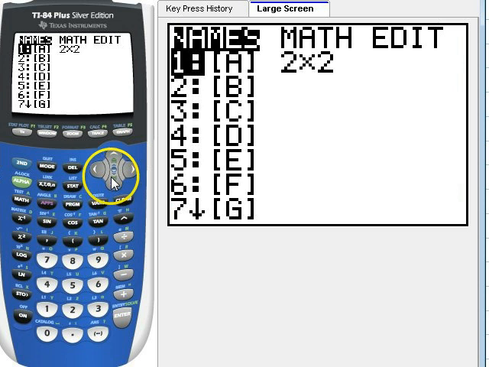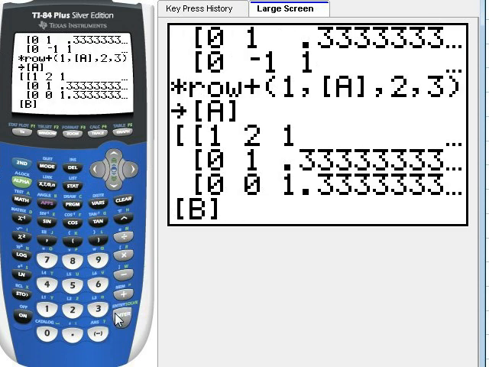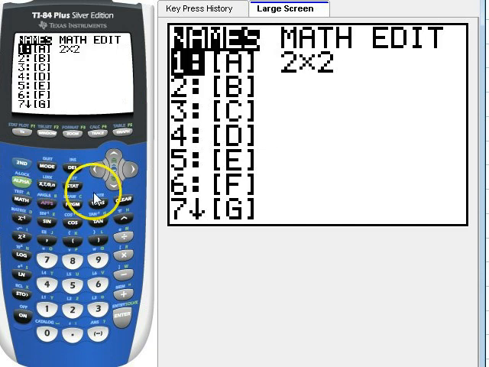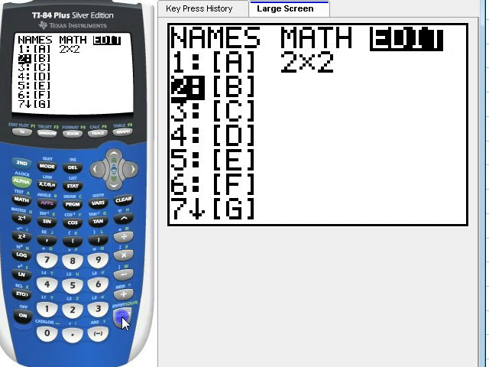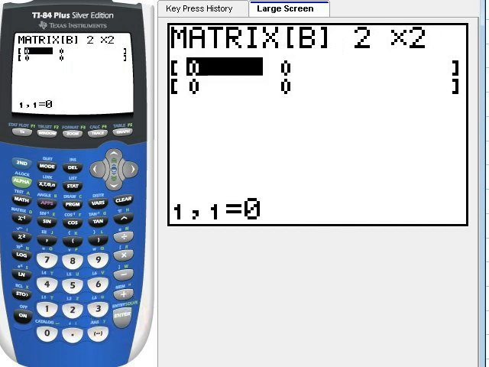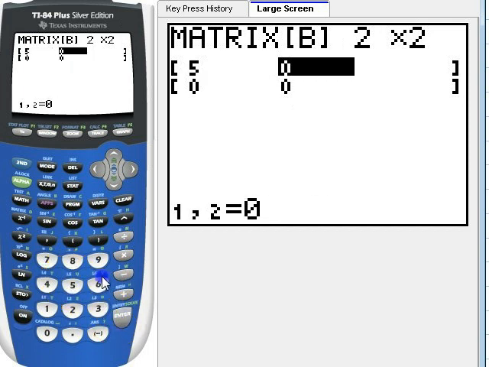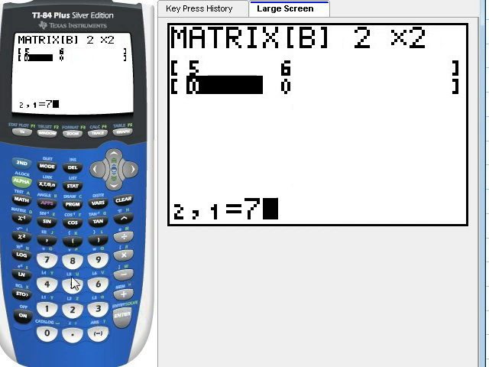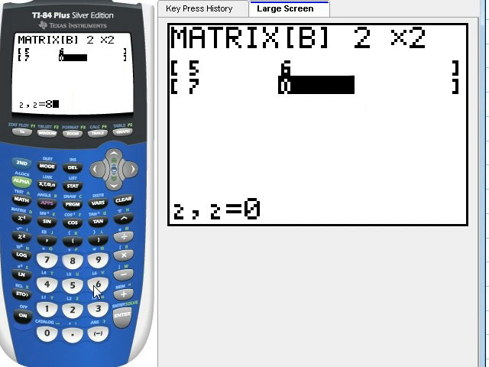Now I can edit matrix B. Sorry, I forgot to go over to edit. Go to the left. Matrix B. So I'll make this one 5, 6, 7, 8.